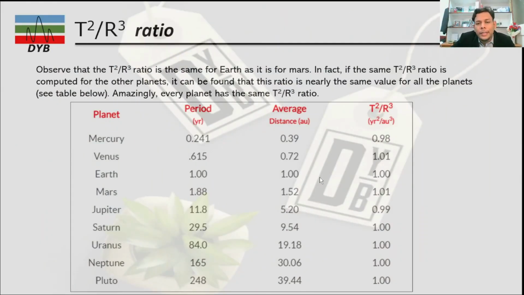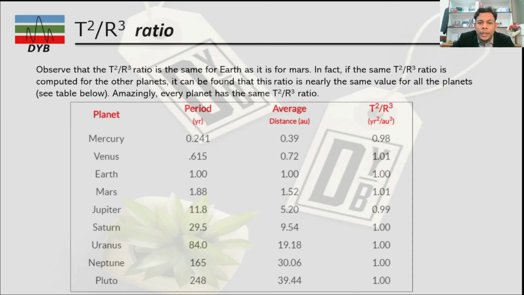Now this is a table which has been calculated already, and we observe that the T squared over R cubed ratio is the same for Earth as it is for Mars, because Mars and Earth are quite close. But if you look at the other planets, every planet has the same T squared over R cubed ratio.